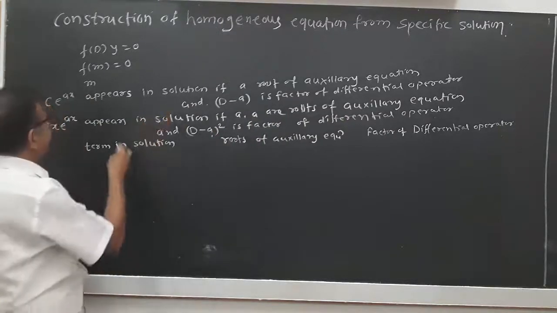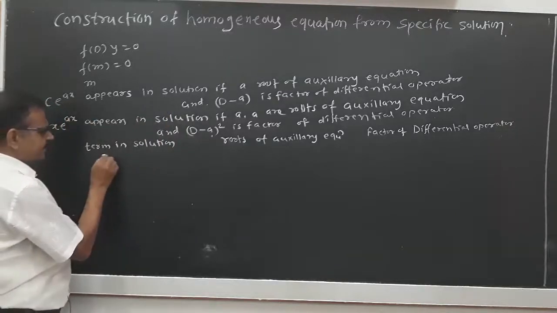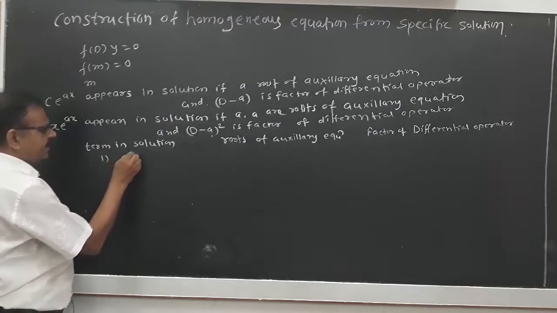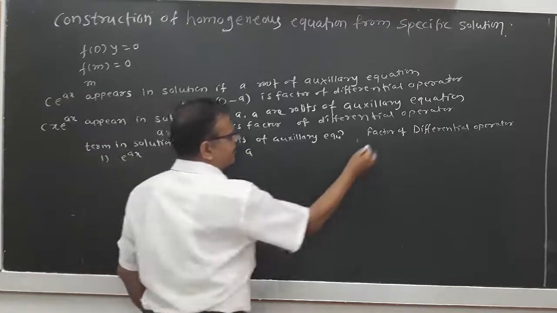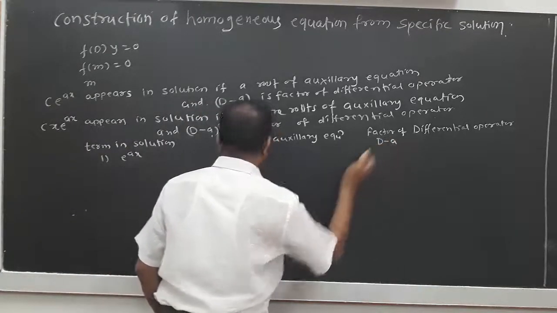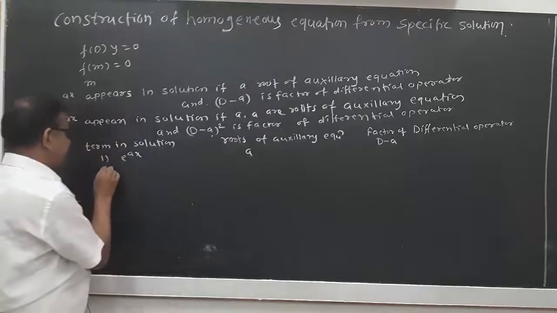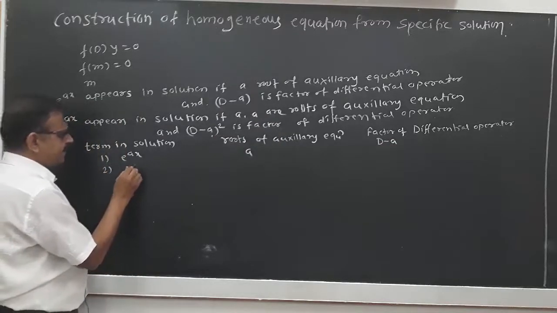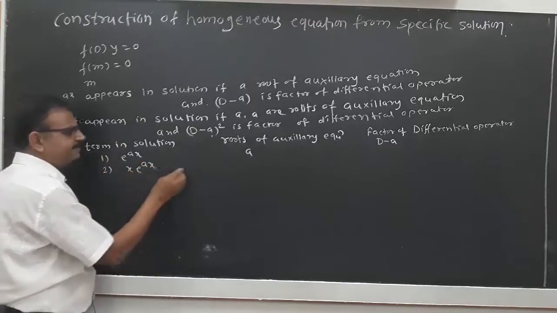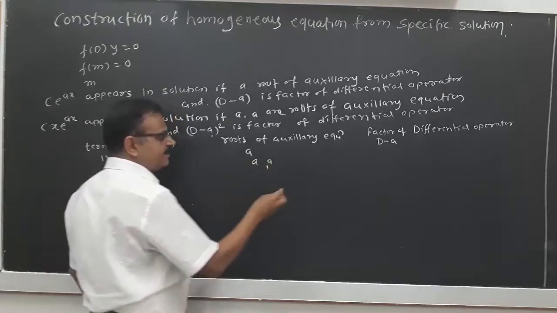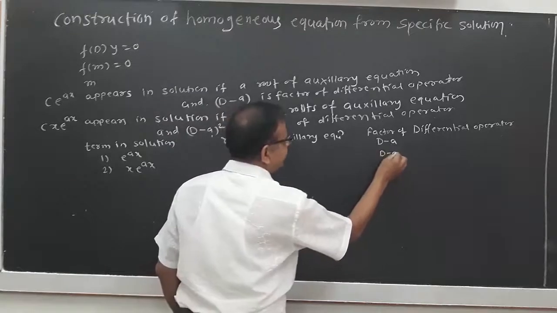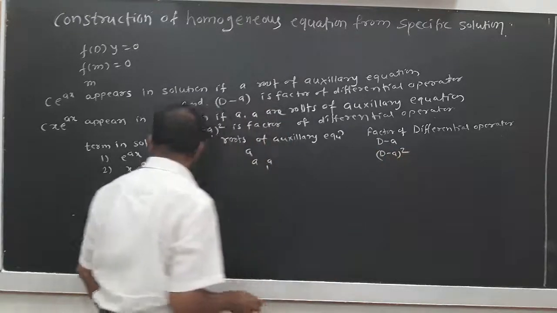We had seen that if e raised to ax, the first term, appears, then the root is a, only one root, and D minus a is a factor. Second, we take x e raised to ax, then a and a are the roots of the auxiliary equation, and (D minus a) squared is a factor.